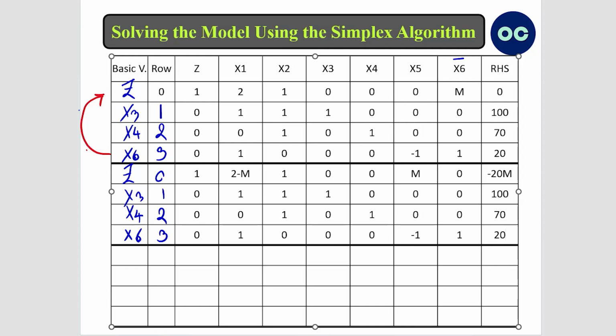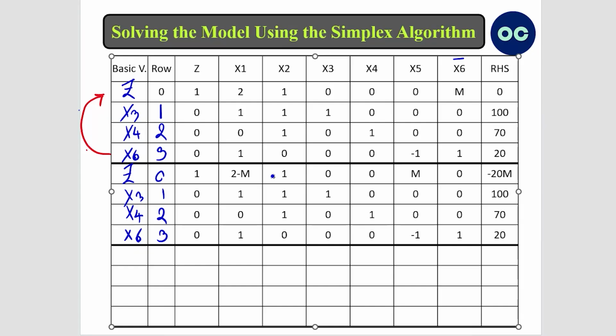So you can see here that x6 is the basic variable and only has 1 in its variable column. Now we check row 0.